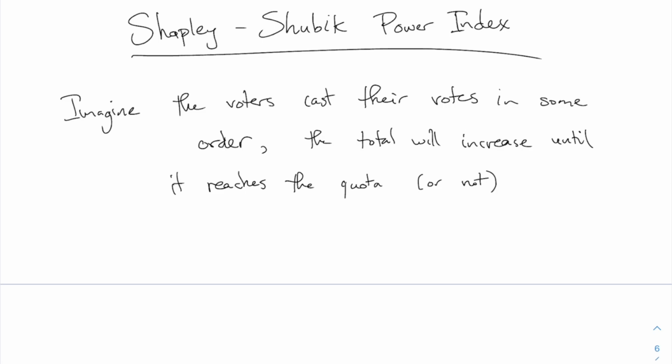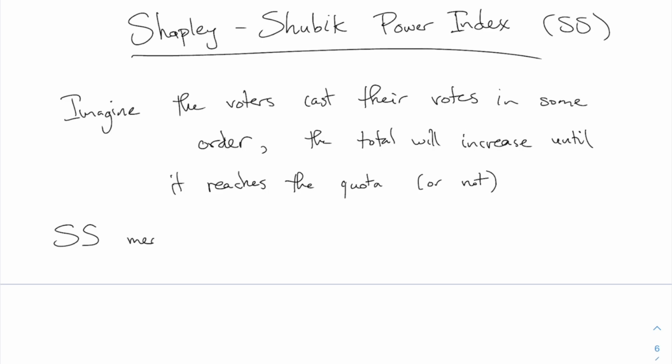The idea behind the Shapley-Shubik is we count somebody as powerful if they were the guy who makes it to the quota, all right? If you are ever the one who makes it to the quota, like your vote actually causes the total to pass the quota, that means you are important. And this is how the Shapley-Shubik approaches power. So I'm just going to write SS usually for Shapley-Shubik.